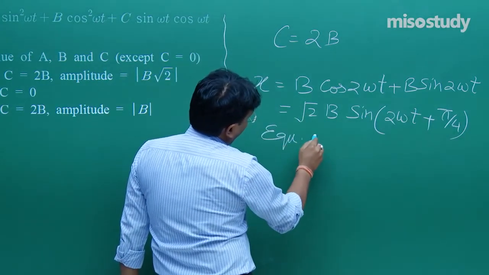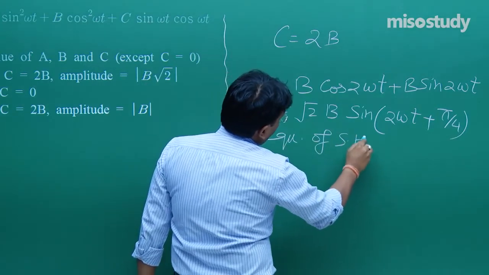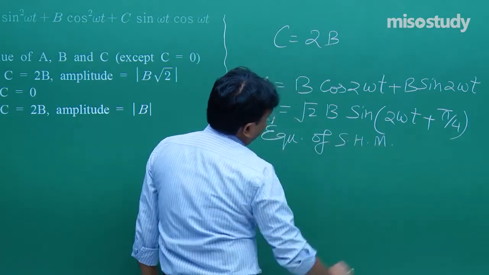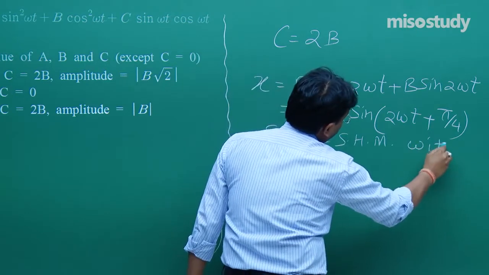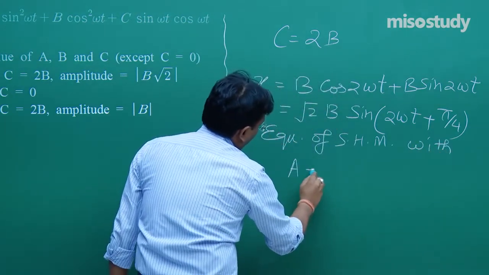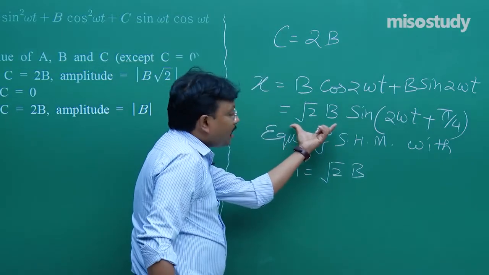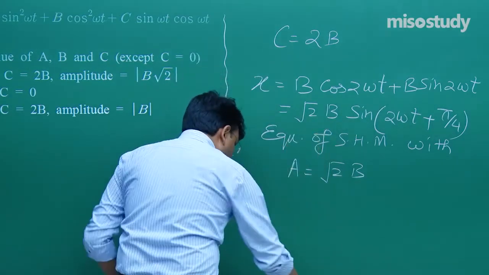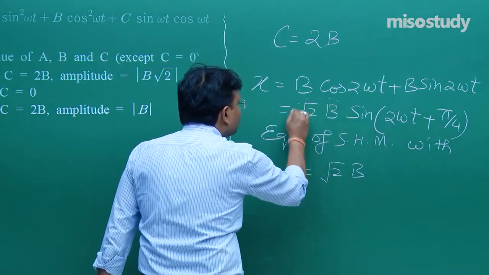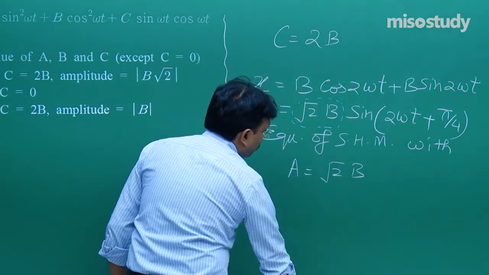This is the equation of SHM with A equal to root 2 b. What is A? A is the resultant amplitude, and that resultant amplitude is given over here.